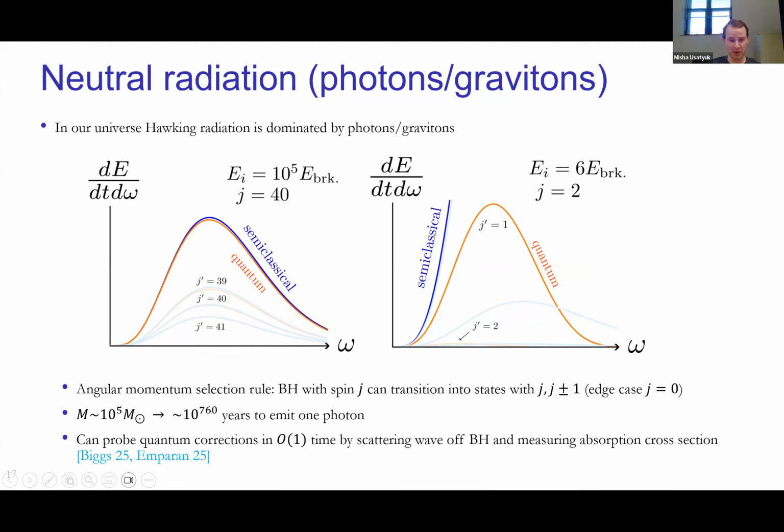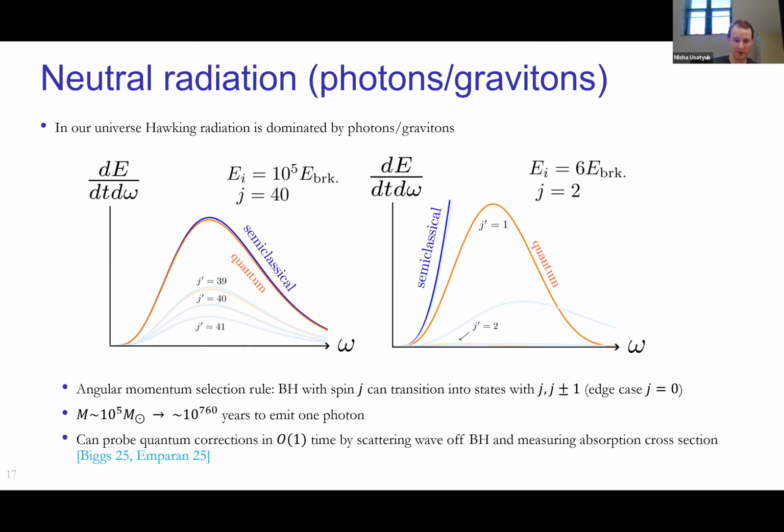Okay, just to give you an idea of the timescales involved here, earlier I quoted this mass scale of 10^5 solar masses. So if you calculate the amount of time it takes for one photon to be emitted for a black hole at these very low temperatures, you find it takes 10^760 years. So these processes take a very, very long time.